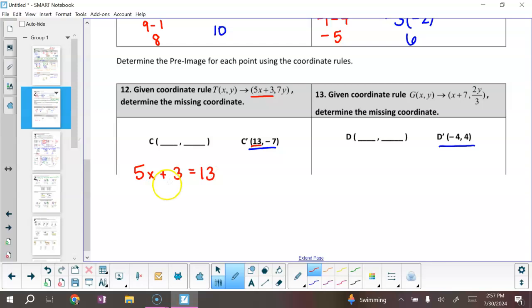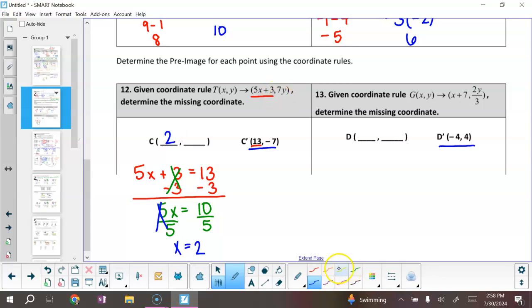So we're going to subtract 3. So I have 5x equals 10. We're going to divide by 5, and we're going to get x equals 2. So that goes right there for that beginning point. Now we're going to do the exact same thing with our second rule.